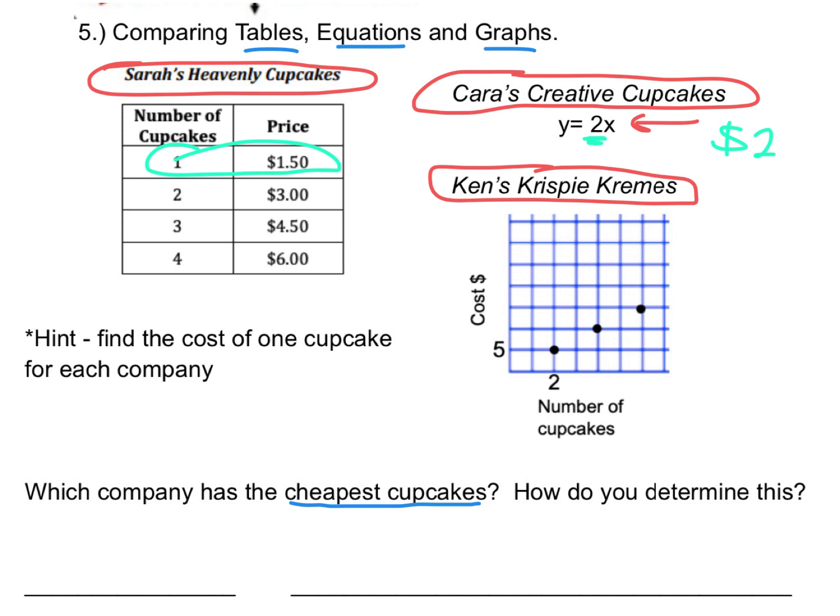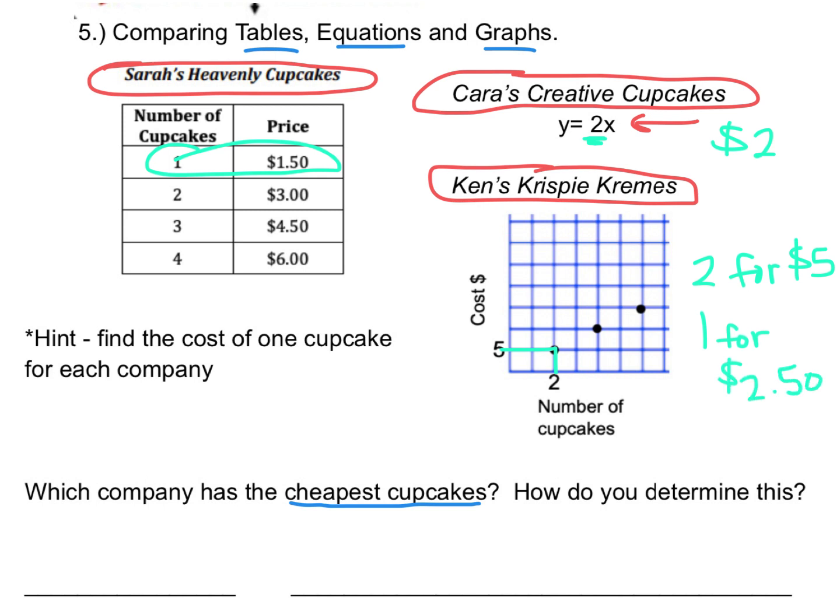And then if I use the graph, it looks like 2 cupcakes is $5. So it's 2 cupcakes for $5. So 1 cupcake, well, would just be half of that. So what's half of $5? So it'd be 1 cupcake for $2.50.